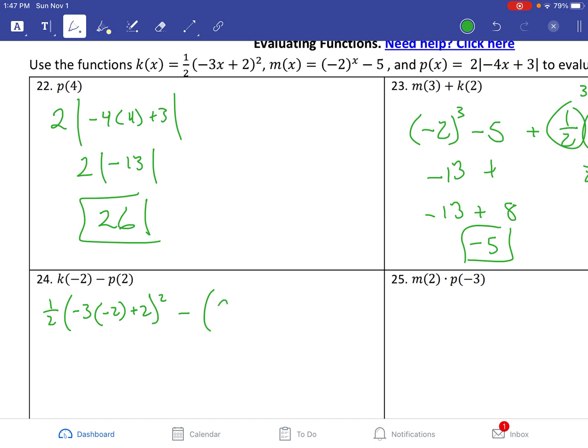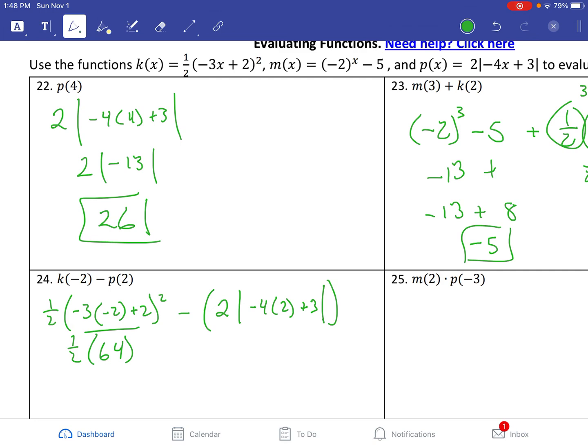All right, p is going to be 2, the absolute value of negative 4 times 2 plus 3. And then I'm going to close the parentheses. All right, so once again, I'm going to do the inside of the parentheses first. So I have negative 3 times negative 2 is positive 6. Positive 6 plus 2 is 8. And 8 squared is 64.